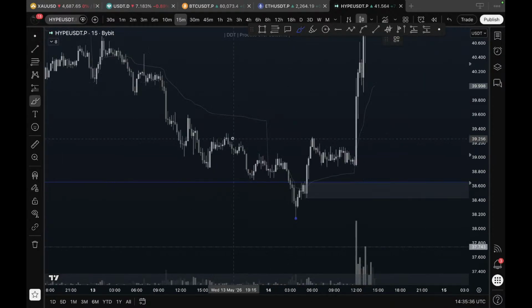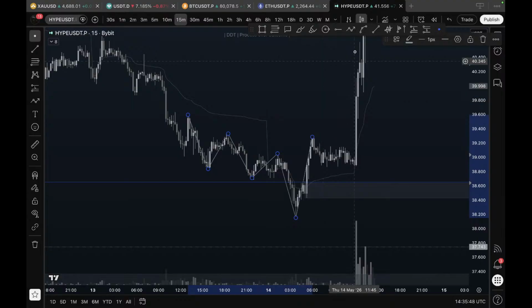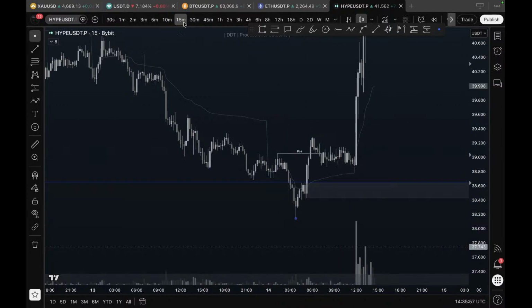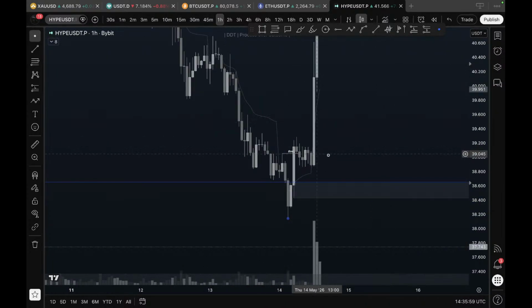We came into the low with structure: low, lower high, lower low, lower high, lower low. And here we had a break. So this was technically a bullish break on the 15 minutes. Was it also valid on the hourly?